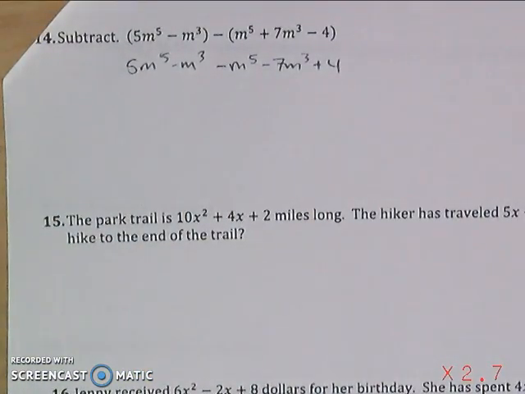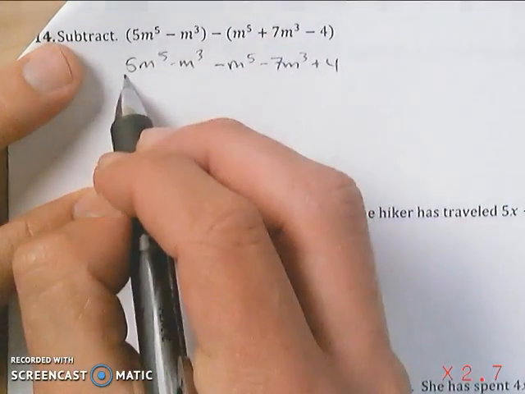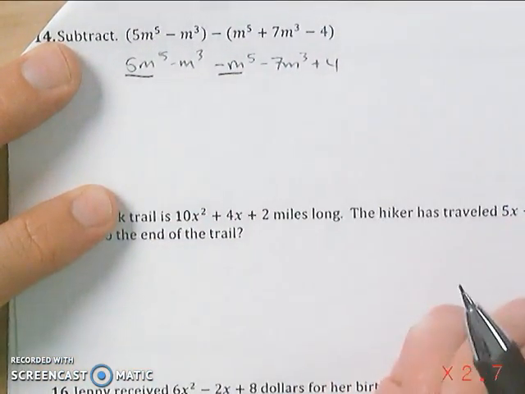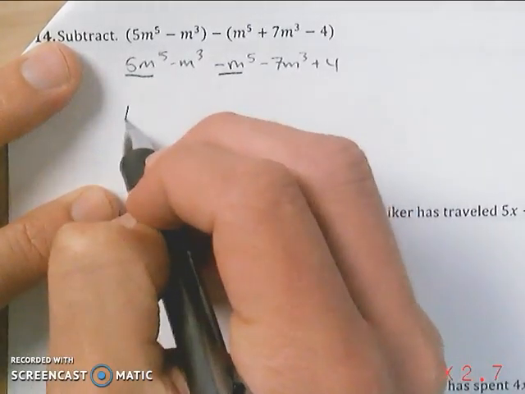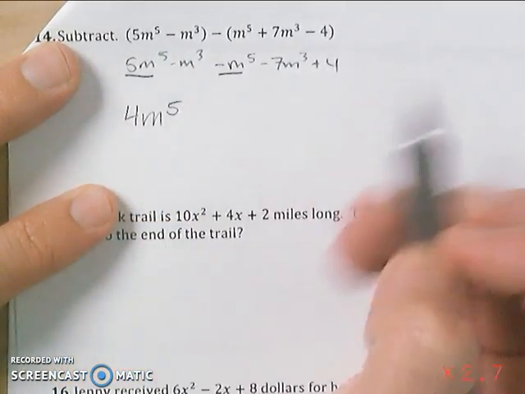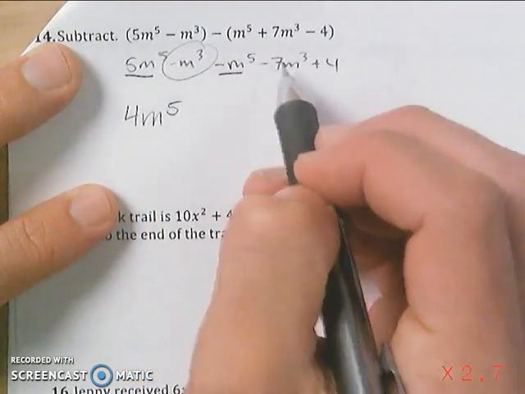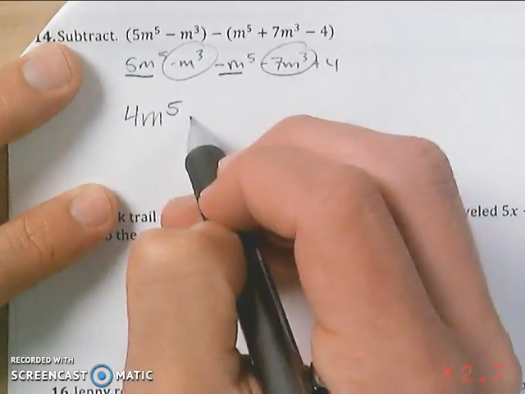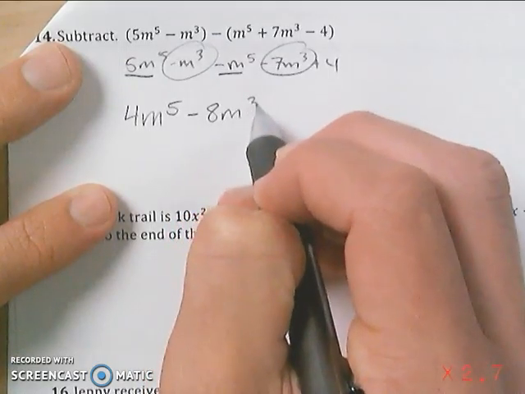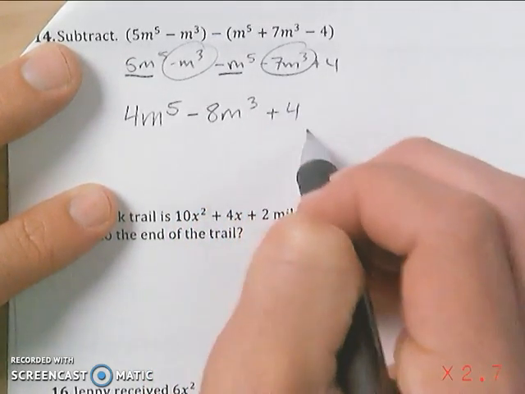After I do that, then I just combine like terms. So I'm going to get 5m to the 5th minus m to the 5th, which is going to become 4m to the 5th. Then I get negative 3m to the 3rd, and negative 7m to the 3rd. That's going to become negative 8m to the 3rd. And then we're just going to add 4 at the end.